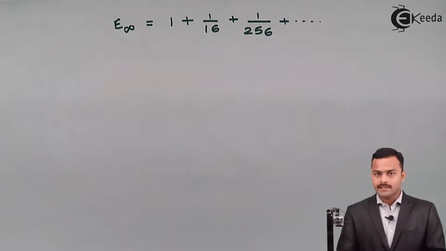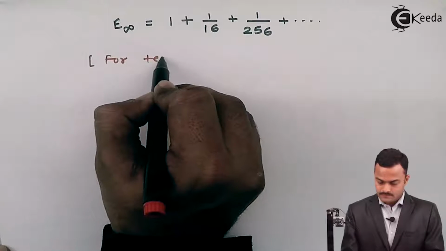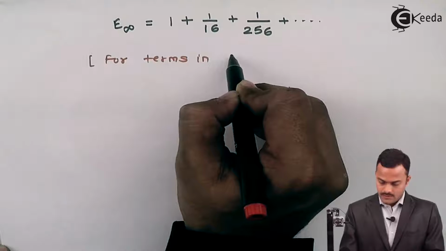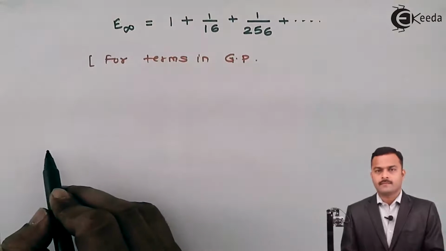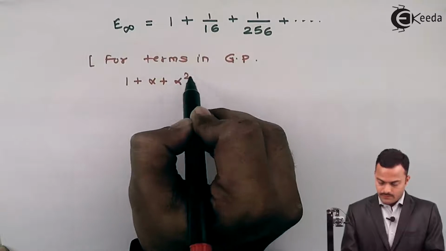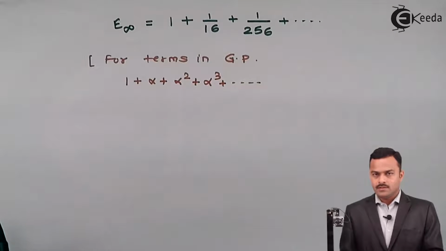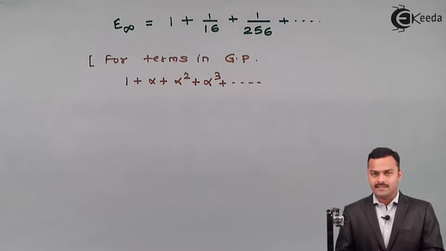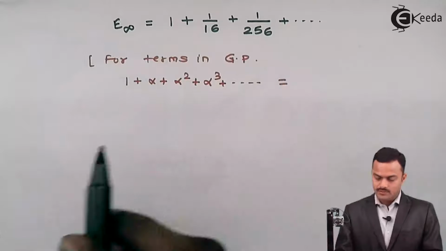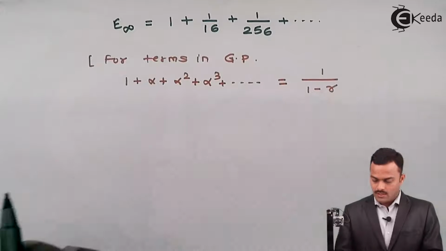These terms are in geometric progression, and the sum of a geometric progression formula we need to remember. So for terms in GP, geometric progression, meaning I have 1 plus alpha plus alpha square plus alpha cube, I need to get the sum. Don't be under the impression this will be infinite. It will have some finite value, and that is given by 1 upon 1 minus r.